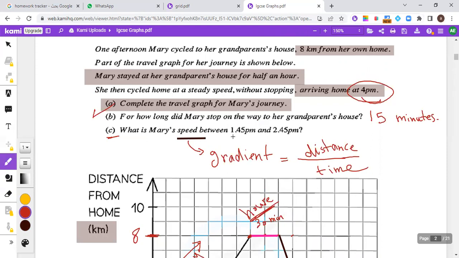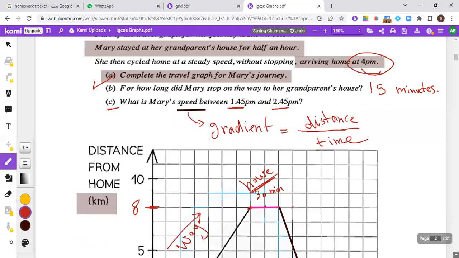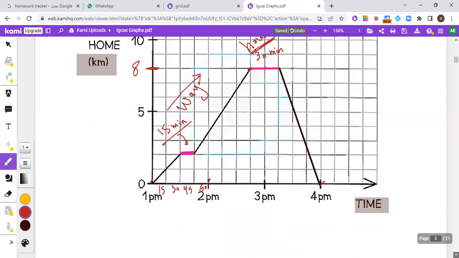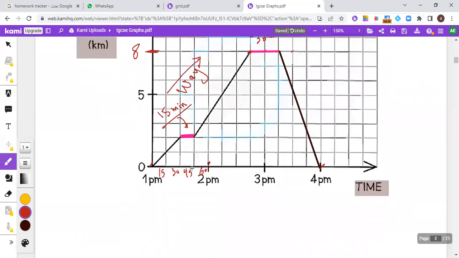And it is between 1.45 p.m. and 2.45 p.m. 1.45 p.m. is here, and 2.45 p.m. is here.